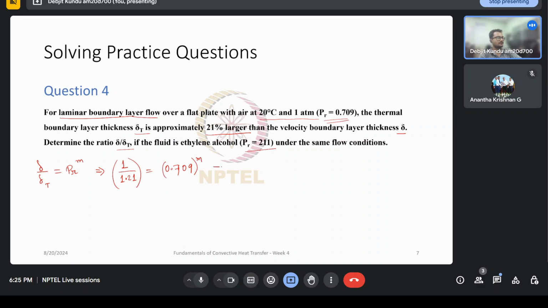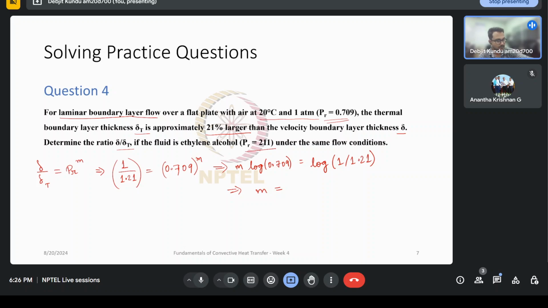So from here we have to find out the value of m. What we do is we can simply take log on both sides. So that will give us m log of 0.709 should be equal to log of 1 by 1.21. And this should give us the value of m.